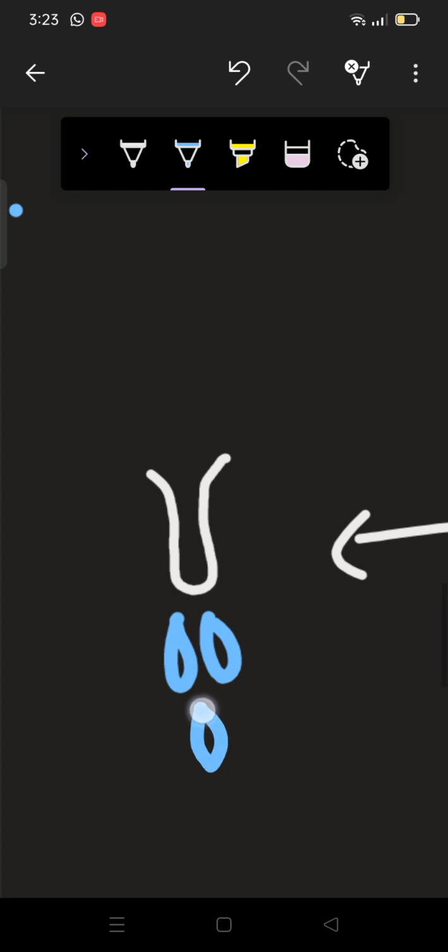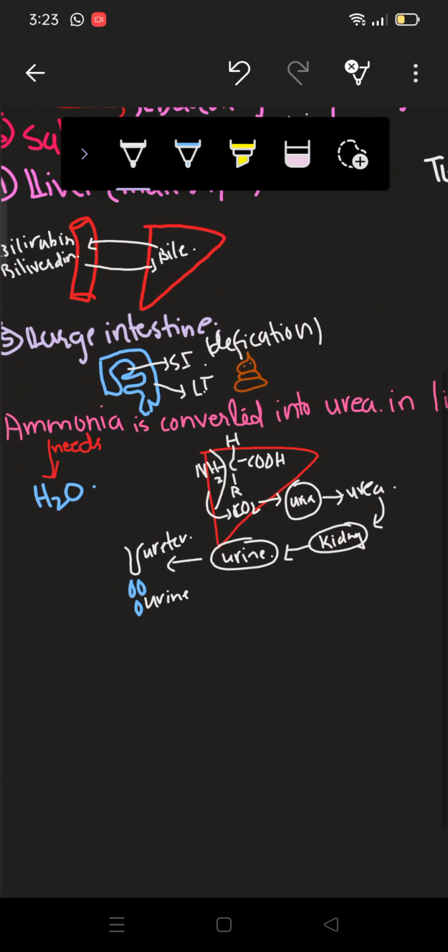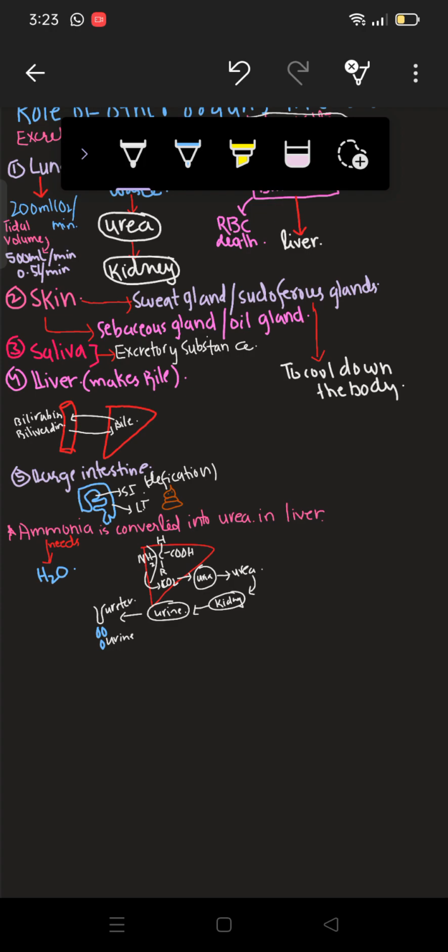So here this is the ureter, and here we have ultimately urine. Now you understand why we don't remove ammonia, and why ammonia is converted into urea in our body: because we don't have a lot of water to remove it.